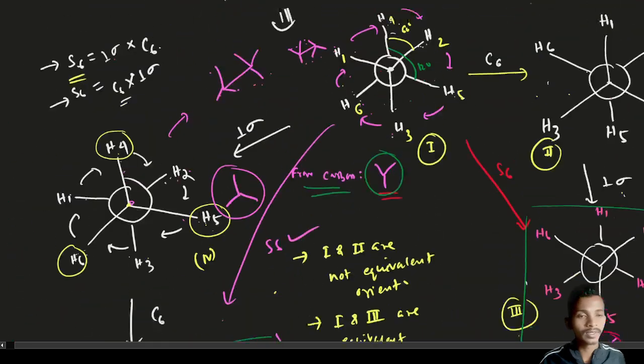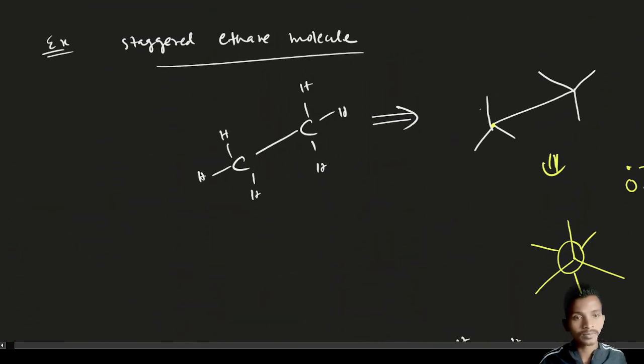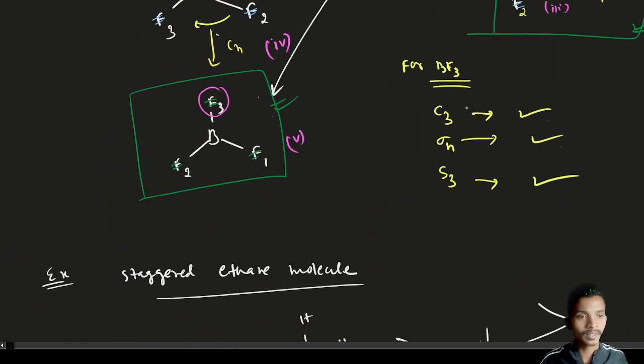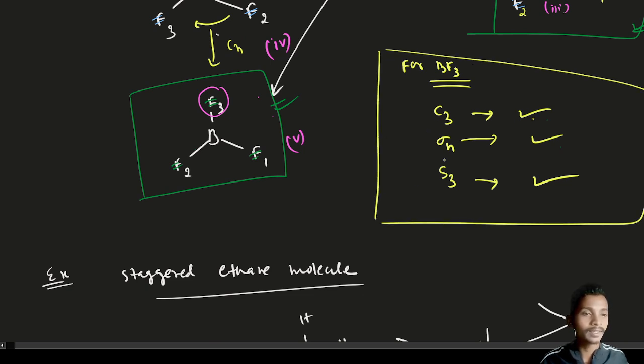And another result is for BF3 molecules, where C3 is present, sigma is present, and S3 is also present.